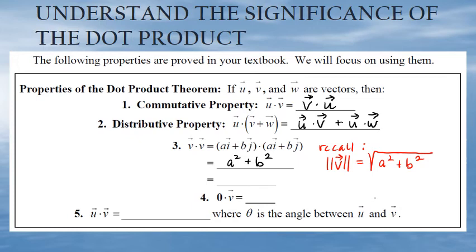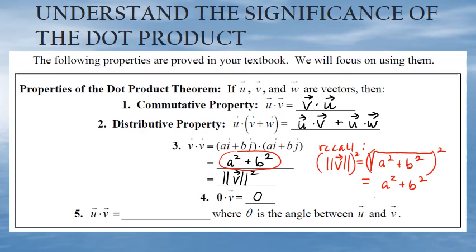So if I square both sides, I get an expression for a squared plus b squared, which is what I have on this second line. So another way of writing a squared plus b squared would be to say the magnitude of the vector squared.